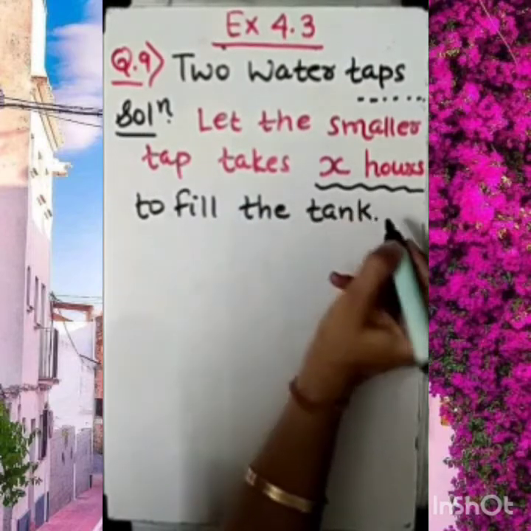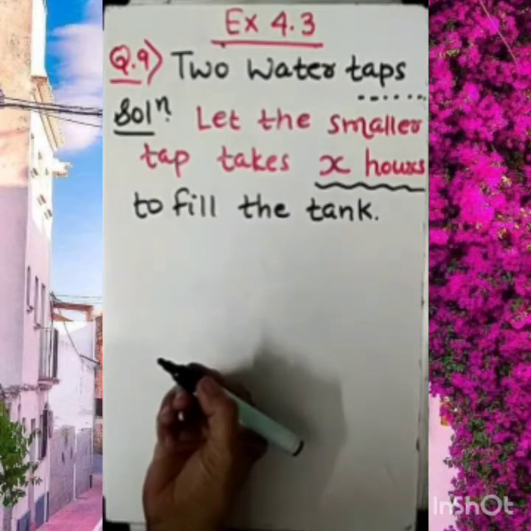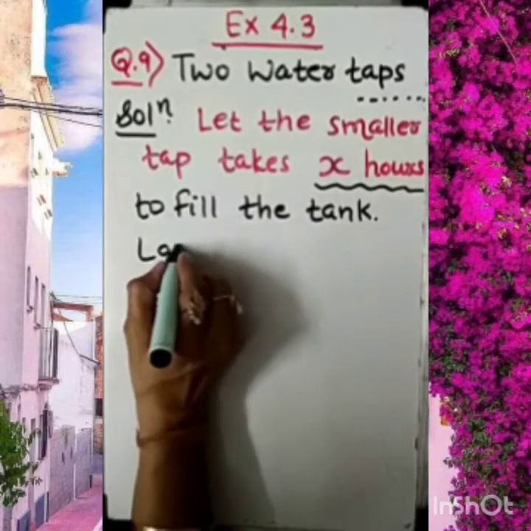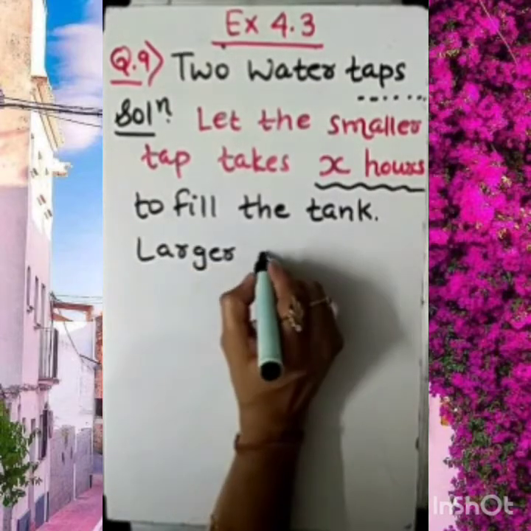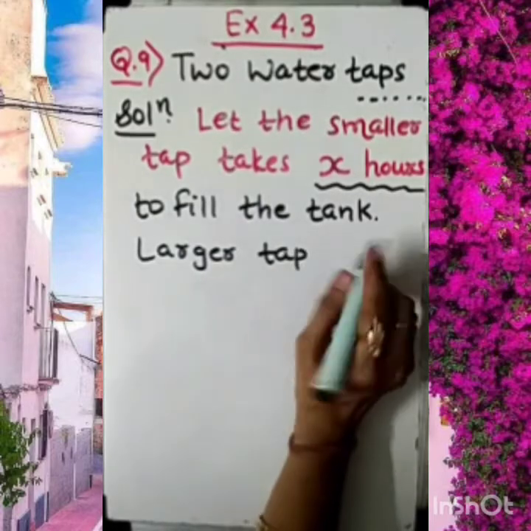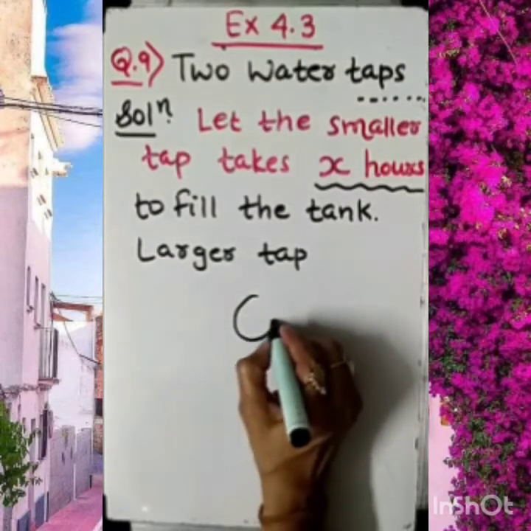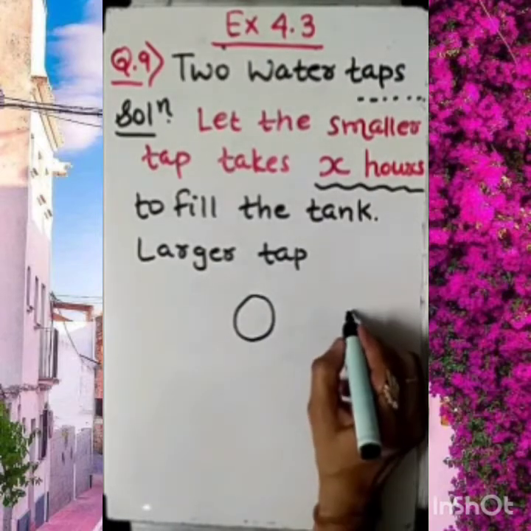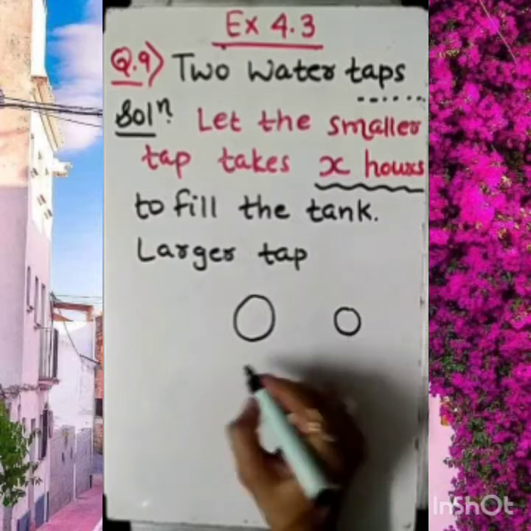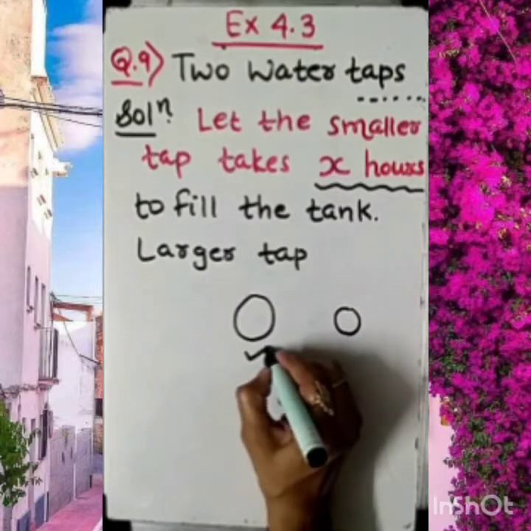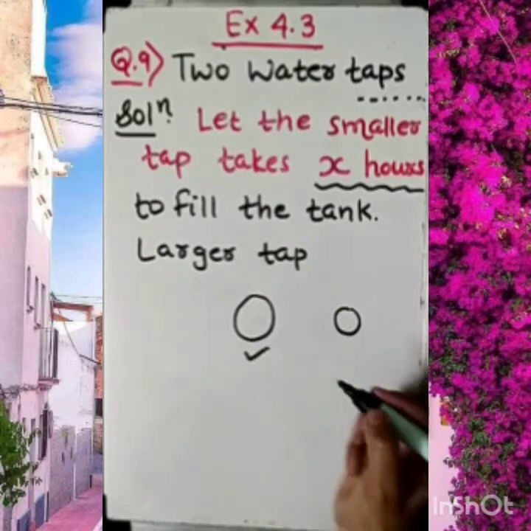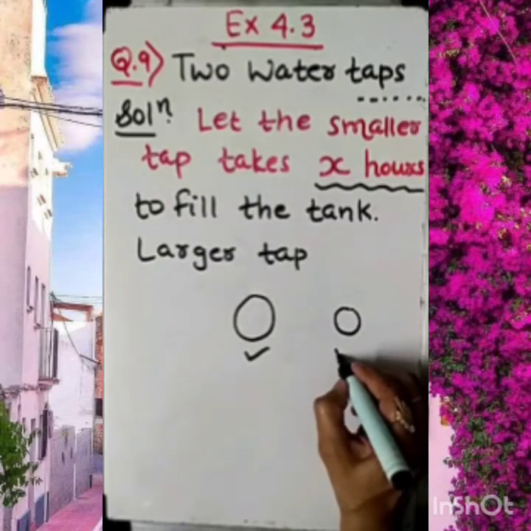Now, what about the larger tap? See, dear student, the larger tap will take less time than the smaller tap because of the difference in the diameter of the tap. The larger tap has a bigger diameter, so the flow of the water will be a good amount from the bigger tap than the smaller tap, right?